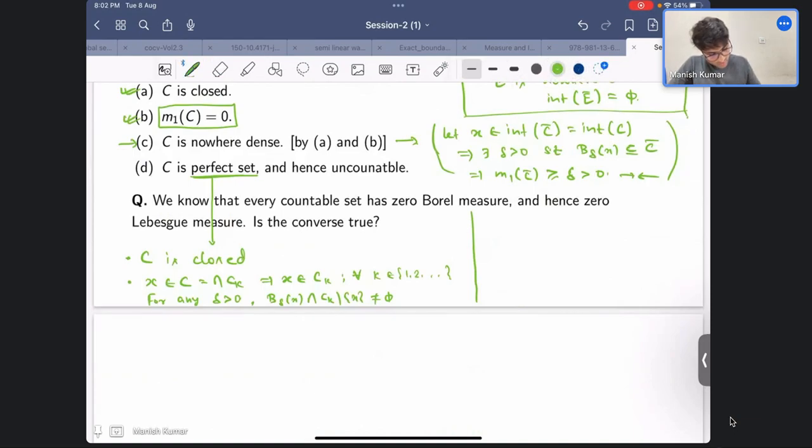Okay, and this would imply that all points of C are limit points.